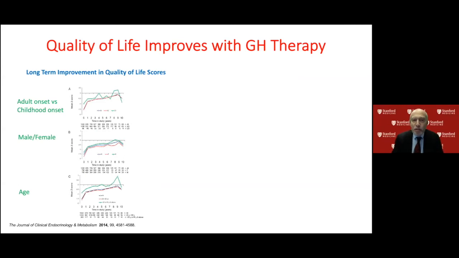By looking at some of these questionnaires, people have shown that there is a long-term improvement in these quality of life scores. And these studies here looking at both men and women showing an improvement in quality of life that is really quite durable, lasting in this study for 10 years.